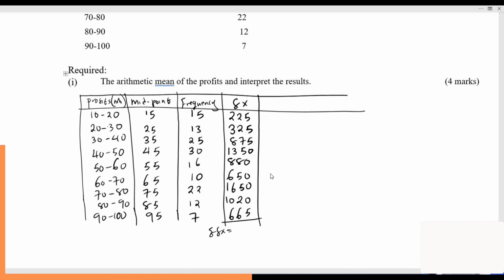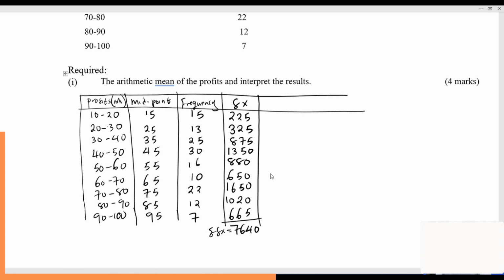We add all these. 665 plus 1020 plus 1650 plus 650 plus 880 plus 1350 plus 875 plus 325 plus 225. This gives me 7640.